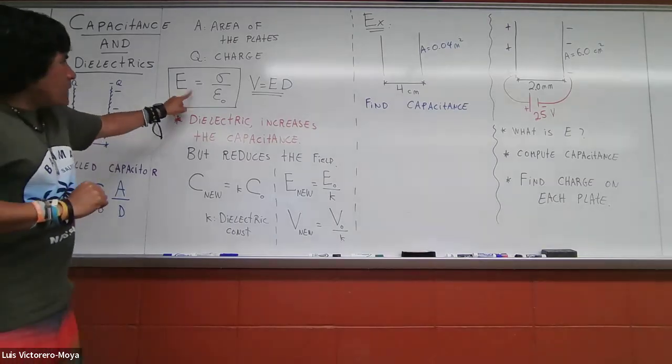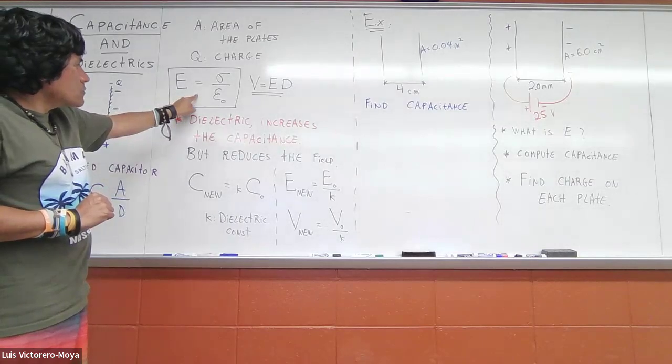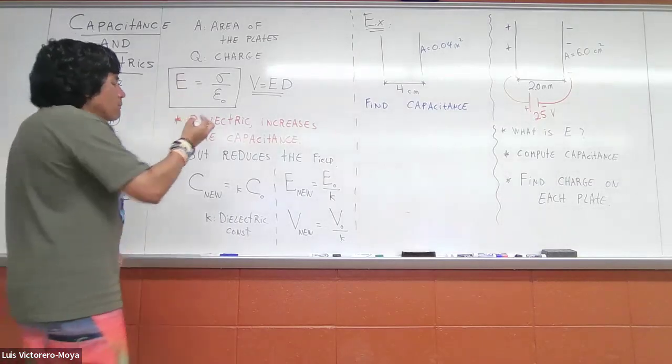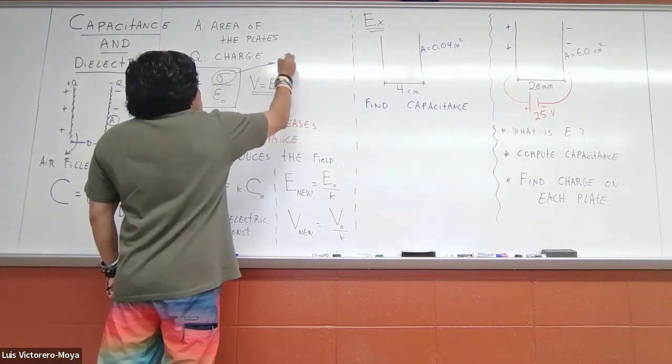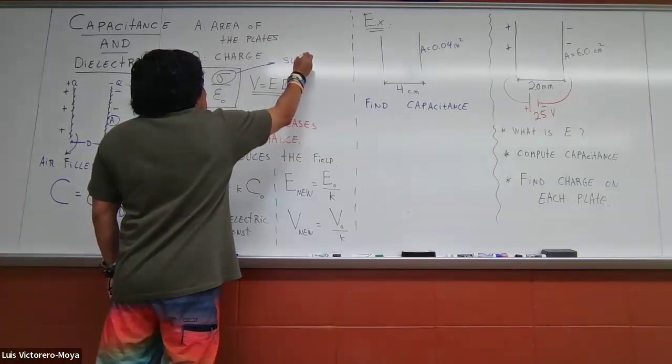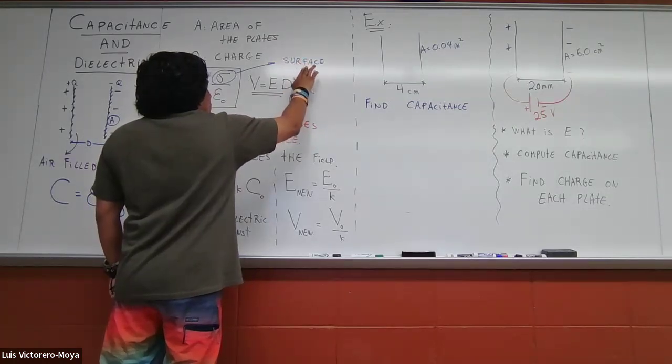That's how you find the electric field inside a parallel plate capacitor, where this sigma is the surface charge density.